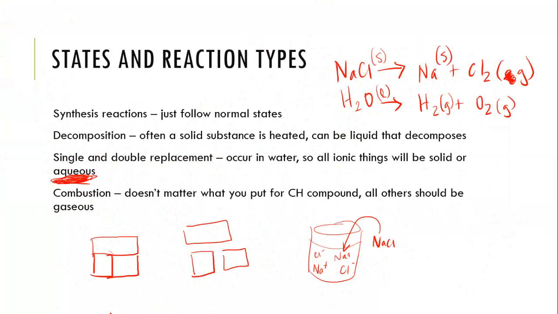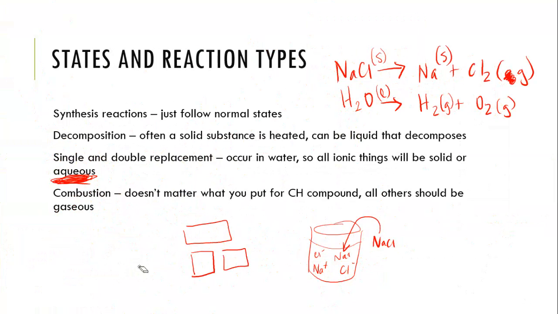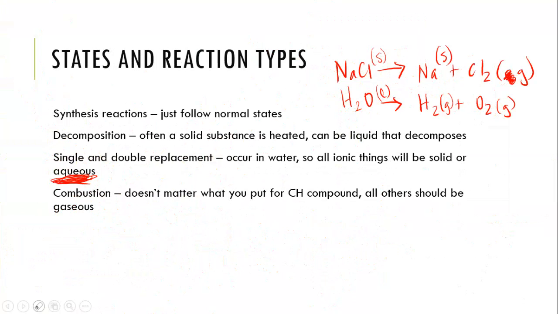Combustion. It doesn't matter what you put for the hydrocarbon. So for example, with those, if you have a combustion equation, you're going to have C something and H something plus oxygen makes CO2 plus H2O because that's just our description of a combustion reaction.